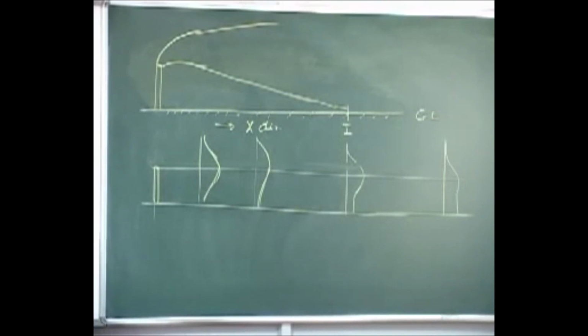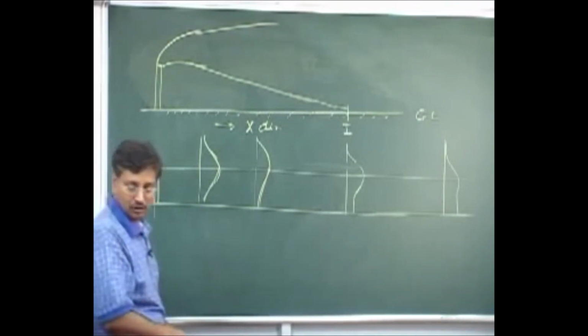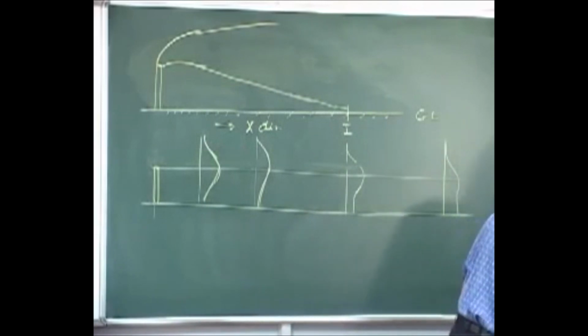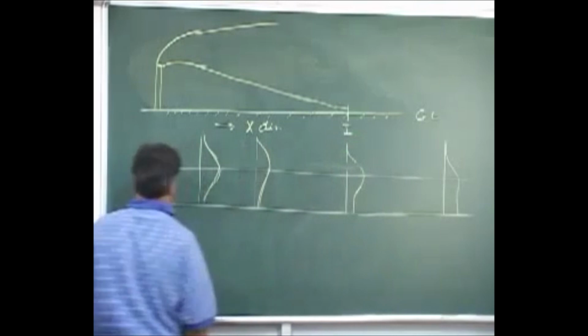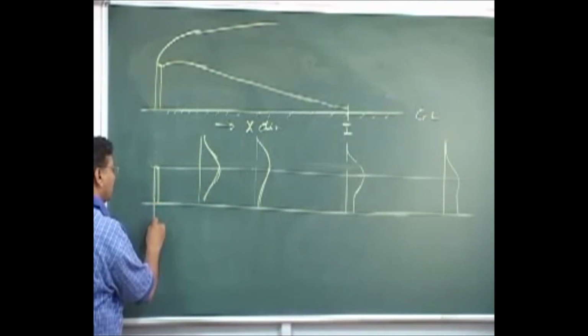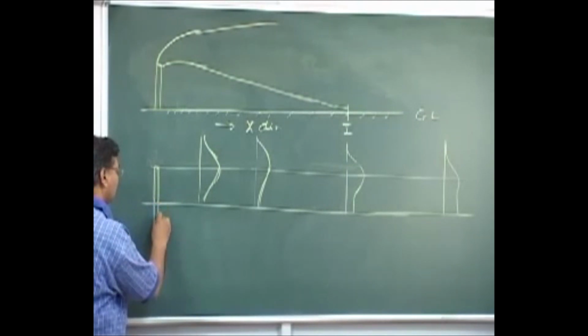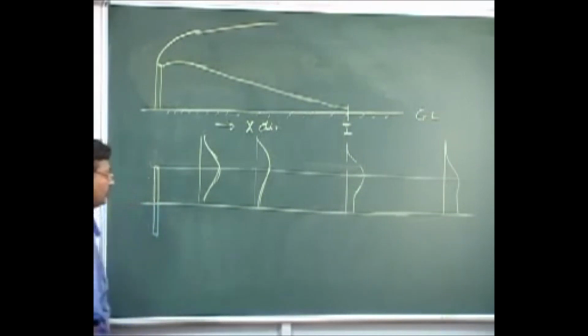Then how to account for this? Let's see. The best way to do this is to think of, let's see if we can use another color here. This is another source here. We think there is an imaginary source underneath the ground, and this is also giving you concentration.